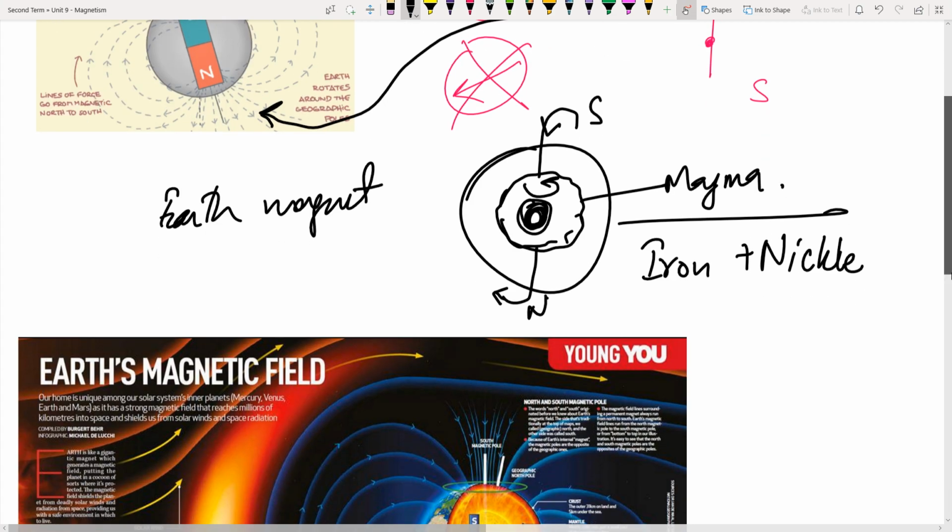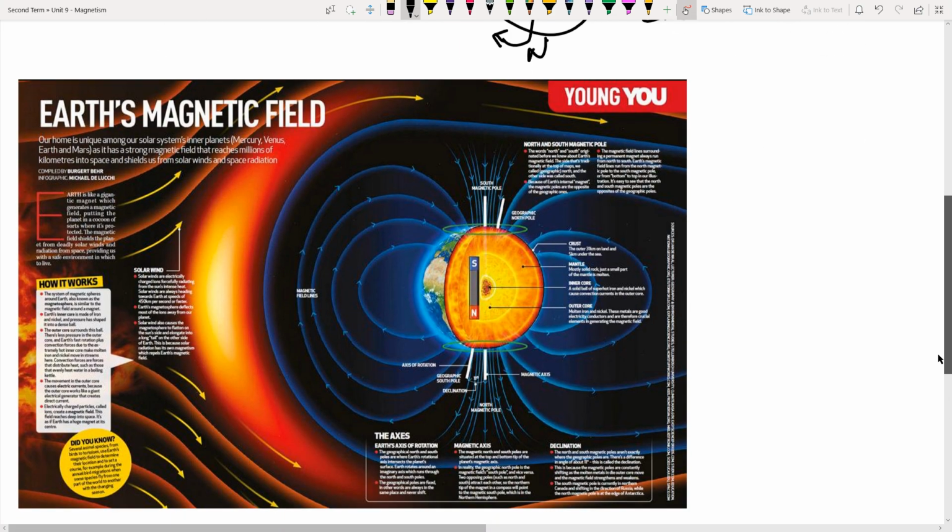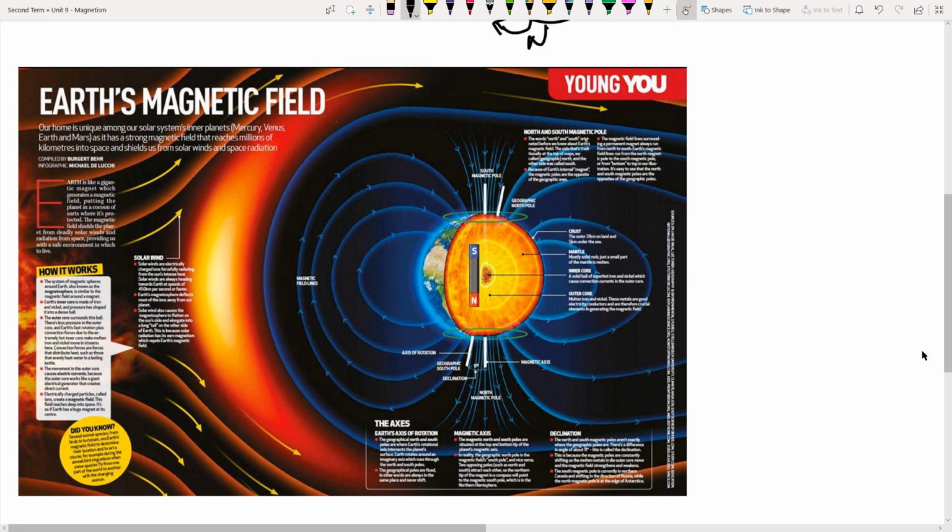For you guys to have a clear understanding, I've taken a poster from the internet: this is the inner core and the outer core, which are spinning, and they create the magnetic field, and that magnetic field is very strong towards these poles, the southern and the northern pole.